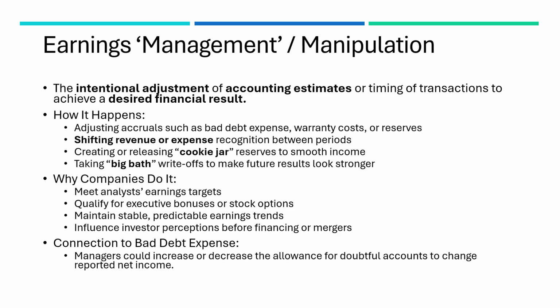And so they'll go back and they'll adjust something like the allowance for doubtful accounts or the estimates around returns or warranties or other sorts of reserves to make a mostly inconsequential adjustment that bumps it up 2 cents. And so instead of an earnings miss, earnings were exactly on point.